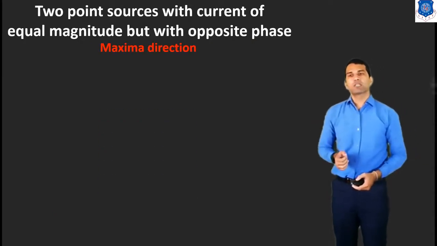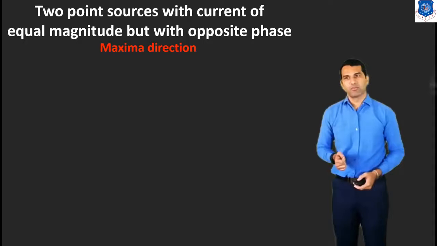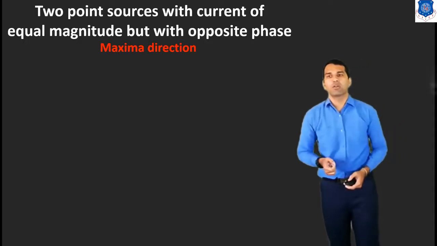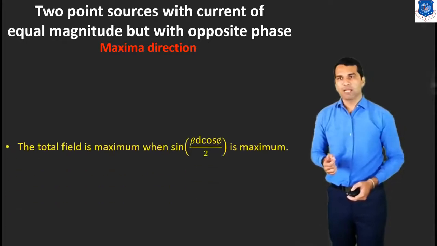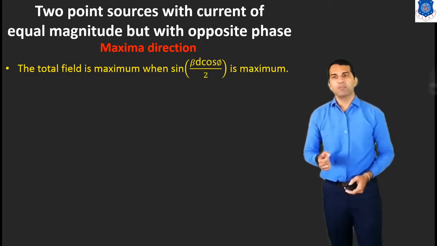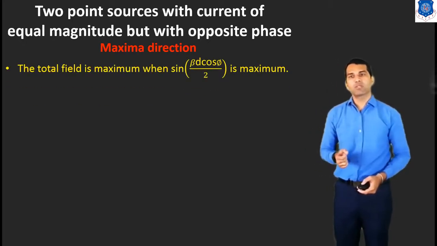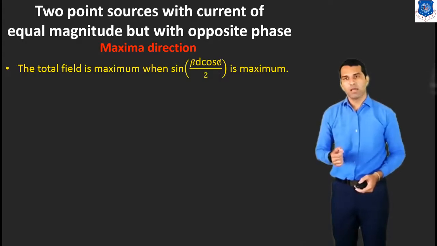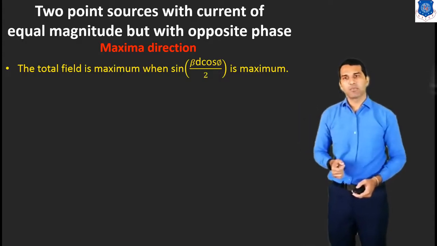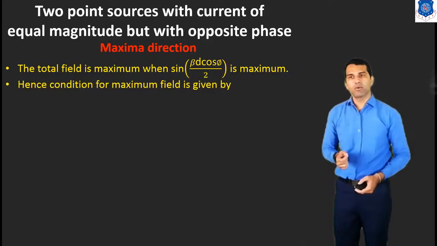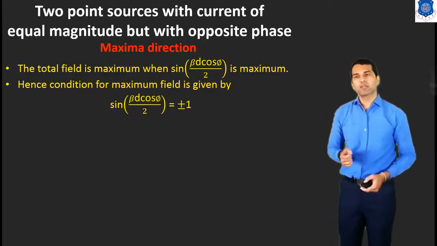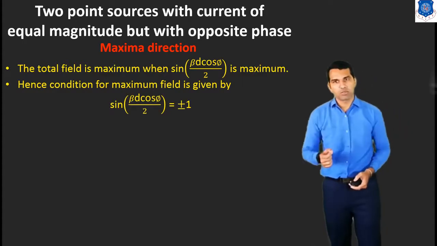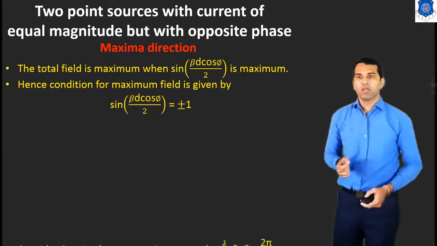Now we solve the equation for the maximum direction for this 2-point source with current of equal magnitude but opposite phase. For that, the total field is maximum when sine of beta d cos phi by 2 is maximum, same as in the previous lecture. So the condition for the maximum field is sine of beta d cos phi by 2 equals plus or minus 1.